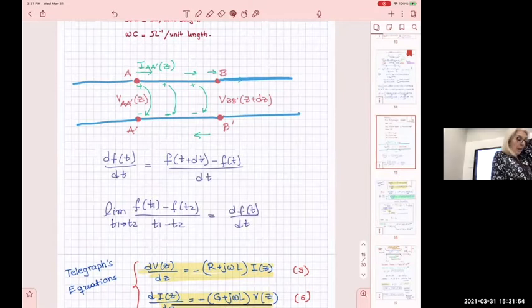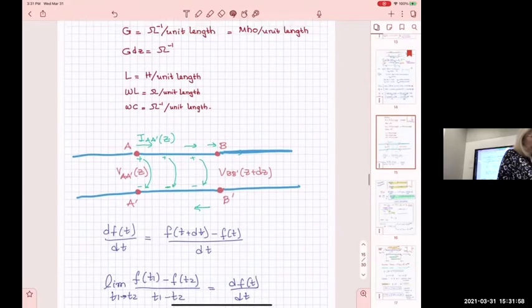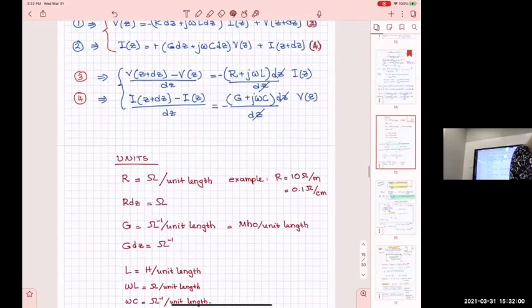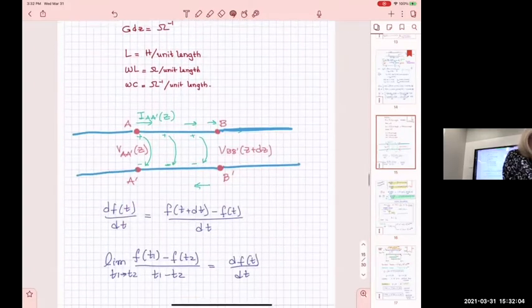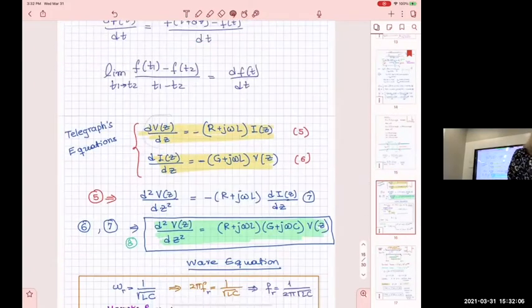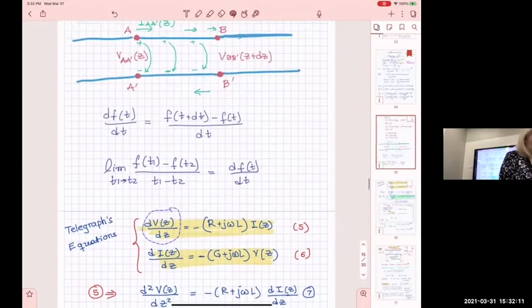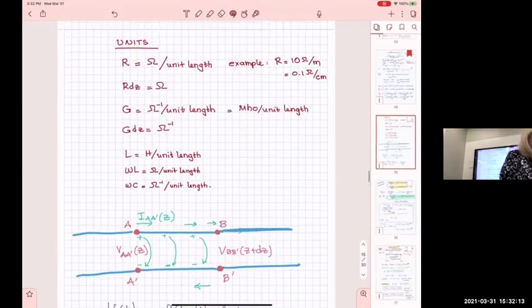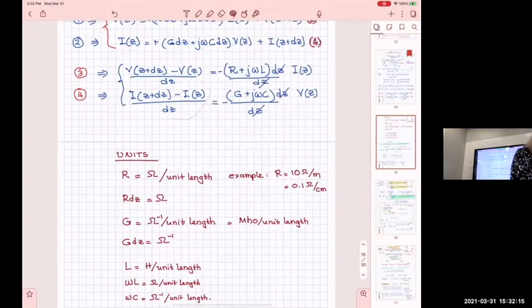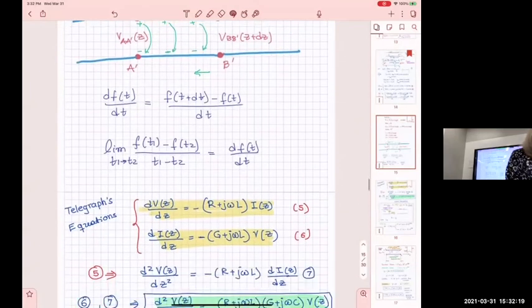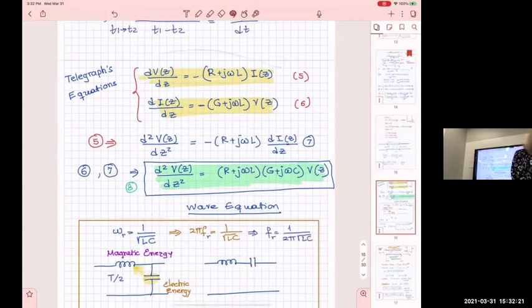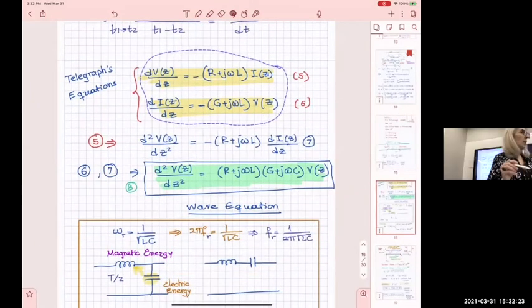So that is a derivative, which means that I can replace this one here with the derivative of v with respect to z in this expression, and this one here with the derivative of the current with respect to z. So I have now these two equations from above.